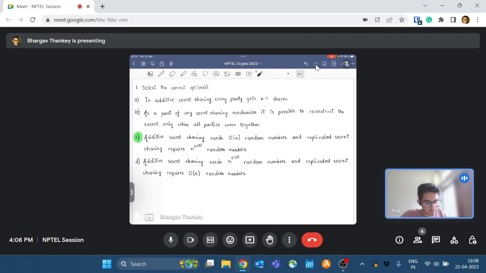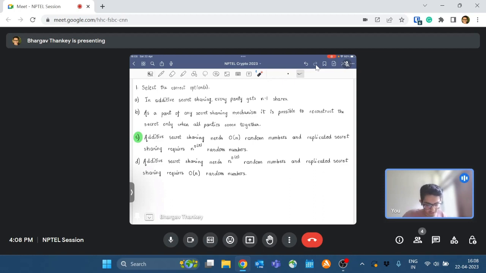Since t is strictly less than n minus 1, t plus 1 is strictly less than n. So we should be able to reconstruct the secret even though fewer than n parties come together. So B is also incorrect.